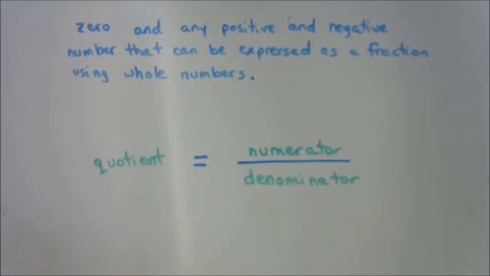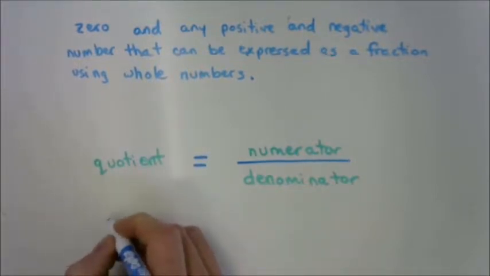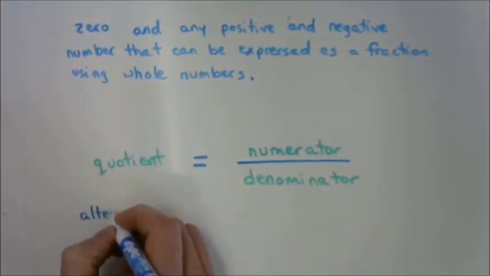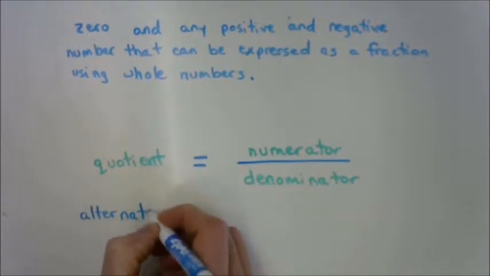And looking up to the top of page 5, we continue our notes. And it tells us that rational numbers, and this is going to make sense later, we're going to practice this as we go. Rational numbers are helpful because they allow us to express any value in an alternate form.